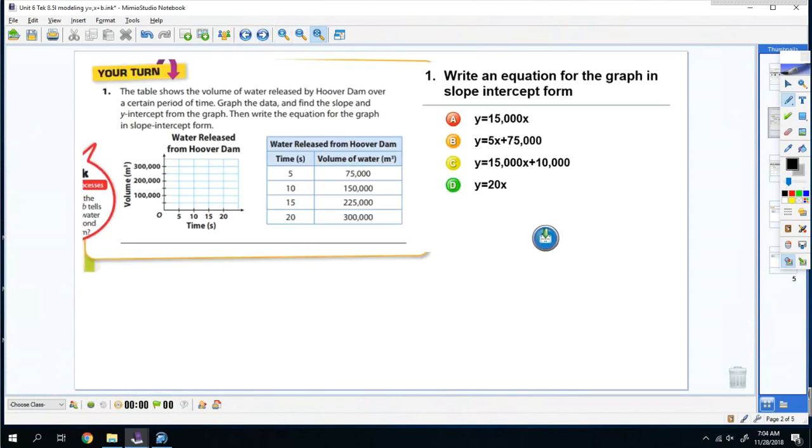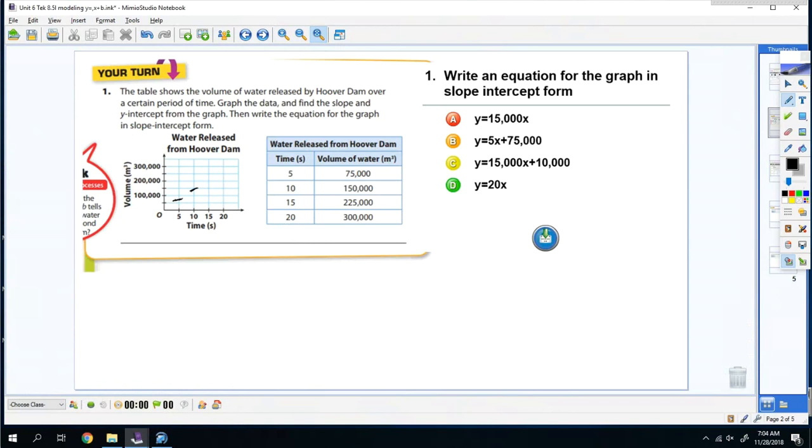It says the table shows the volume of water released by Hoover Dam over a certain period of time. Graph the data and find the slope and y-intercept from the graph, and then write the equation for the graph in slope-intercept form. So all you do is take your points and plot them on here. Like 5 would be at 75, which is about right here, and then 10 would be 150, and so on.